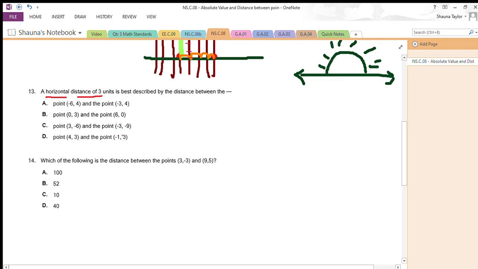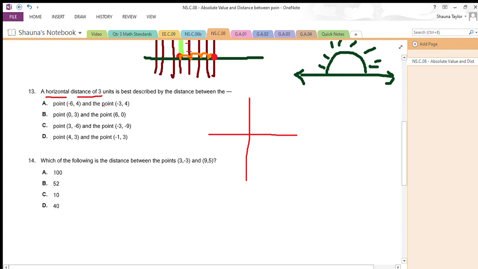All right, so let's take a look at this. If I look at A, both my ordered pairs, -6 and 4, -3 and 4. Oh, they're in the same quadrant. Need some water here. Okay, so I'm going to go ahead and draw my coordinate plane again.